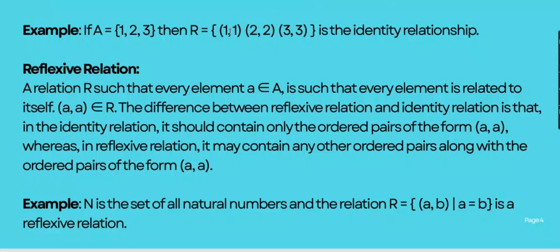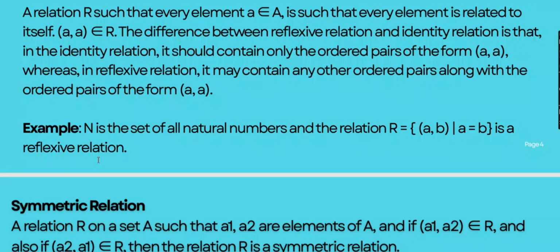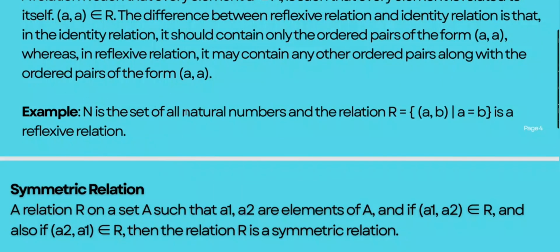So a reflexive relation will have a combination of both diagonal pairs as well as non-diagonal pairs. This is one example of a reflexive relation.